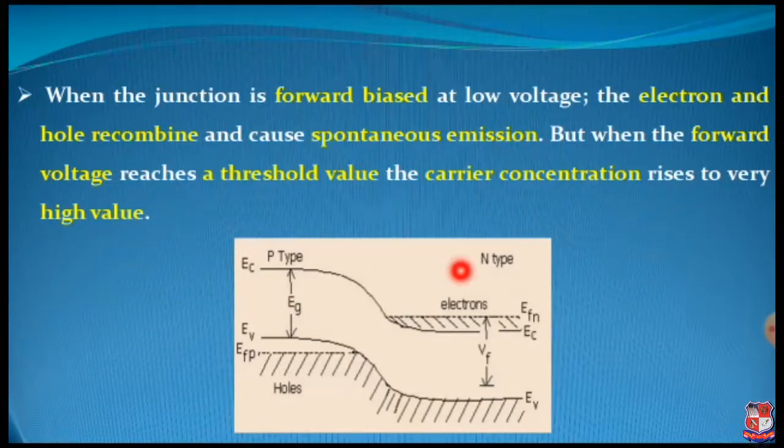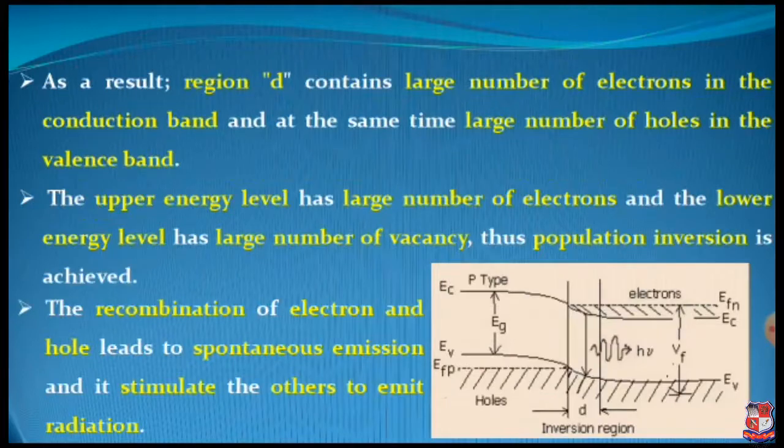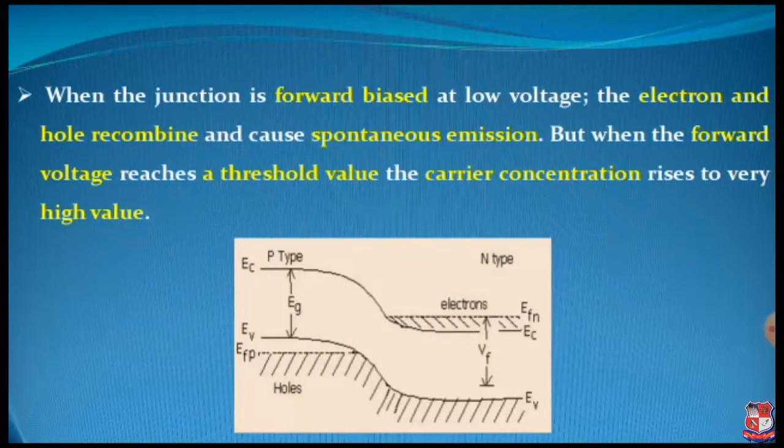Now we apply an external voltage, and at low voltage the electron and hole recombine. This is the important mechanism: electron-hole pair recombination, which causes spontaneous emission. There are three possibilities: stimulated absorption, stimulated emission or spontaneous emission.